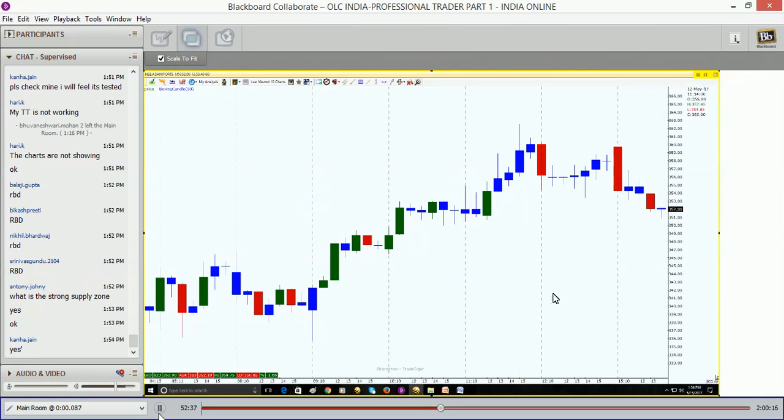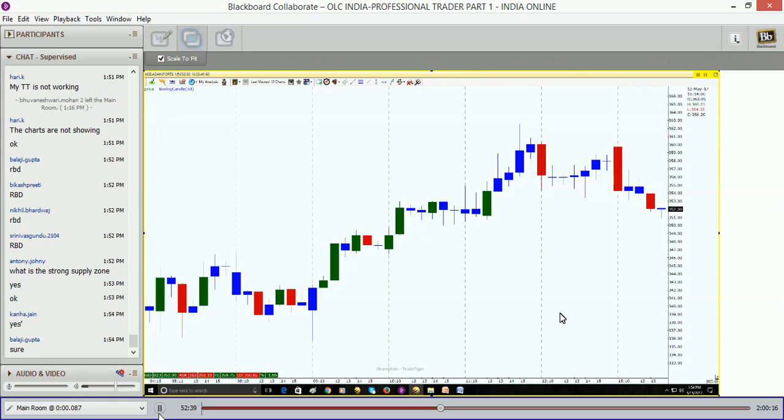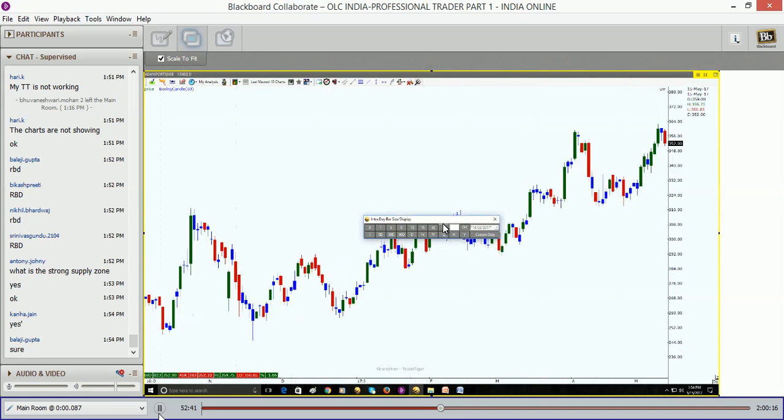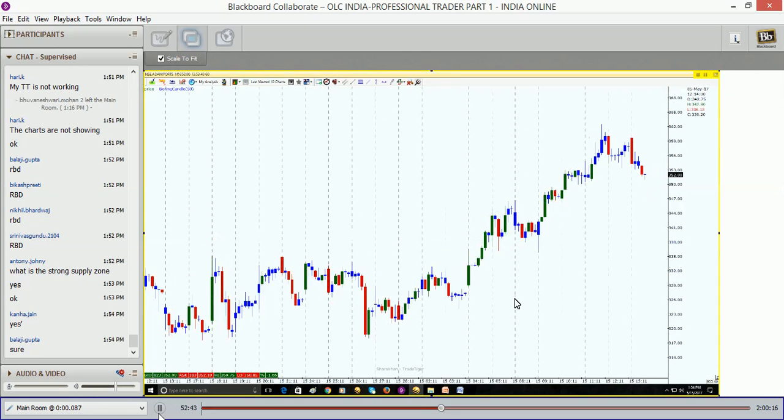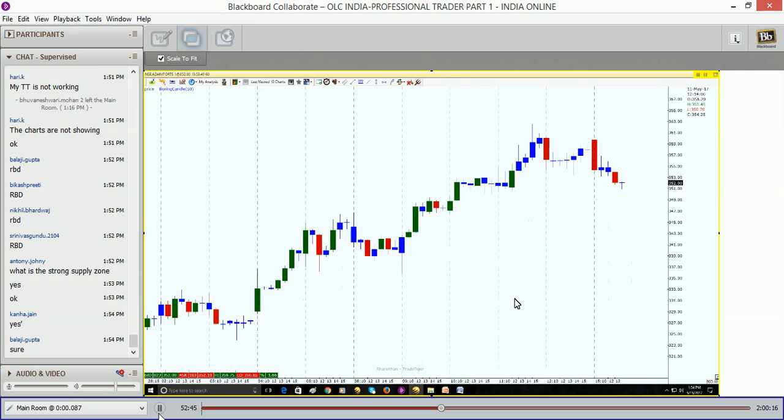I want you to mark on the 60-minute chart of Adani Ports the closest two supply zones and the closest two demand zones.